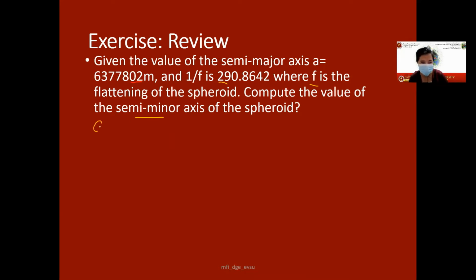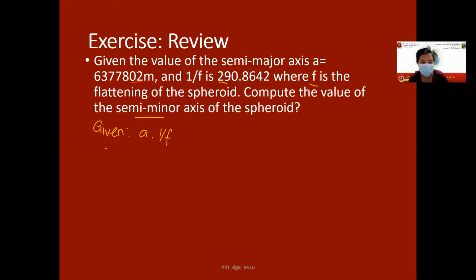So let's write given. Our given is the semi-major axis denoted as A. And the other one is the inverse flattening, which is 1 over F, which is 290.8642.